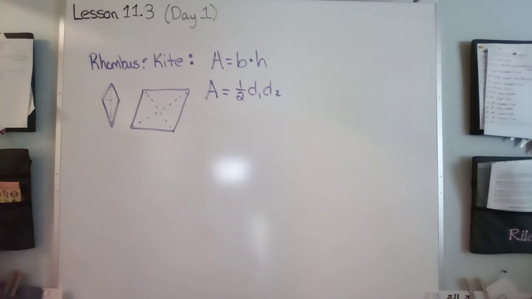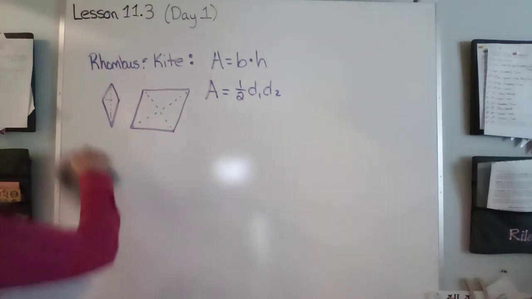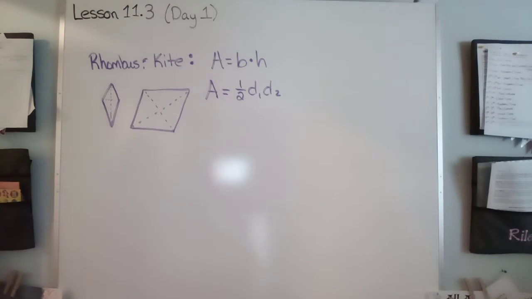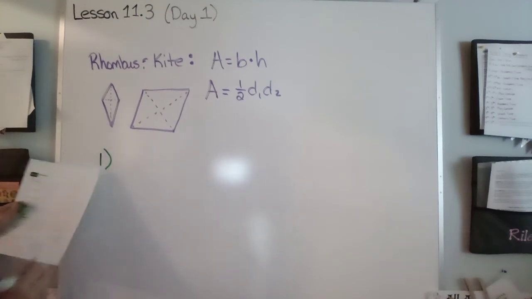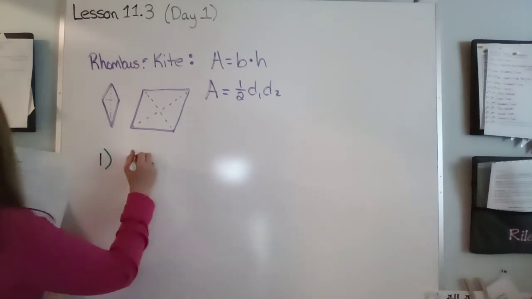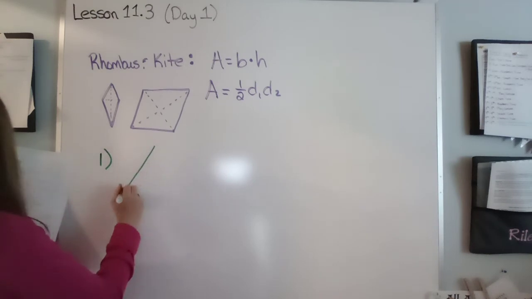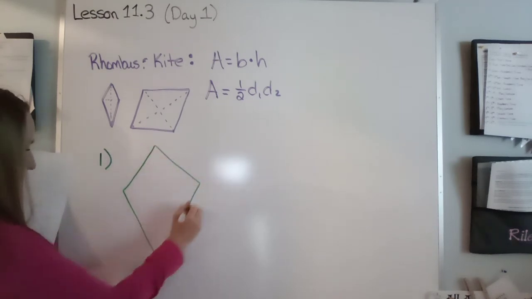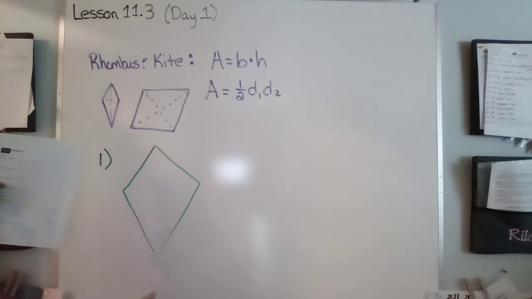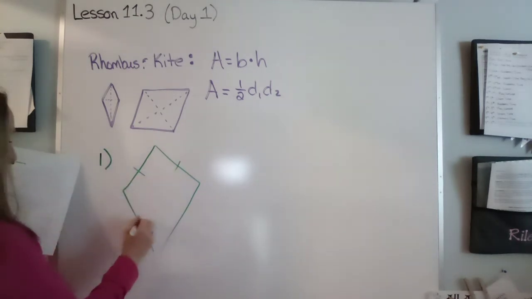Okay, so that leads us into examples 1 and 2. So I might have enough room to do them up here. For example 1, you're given this rhombus. I don't think I did a very good job redrawing that diagram.